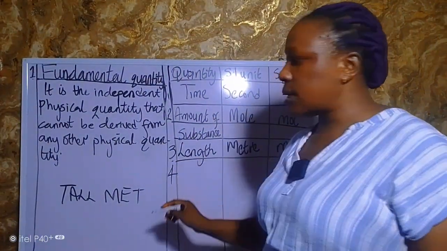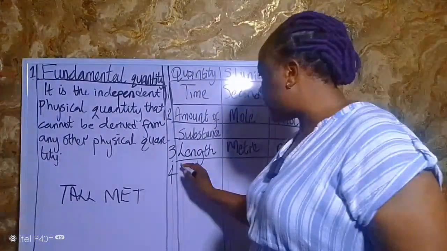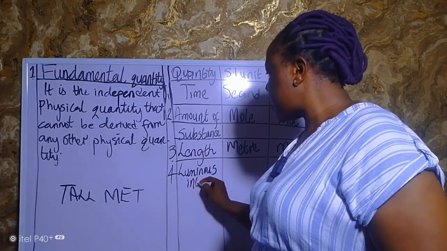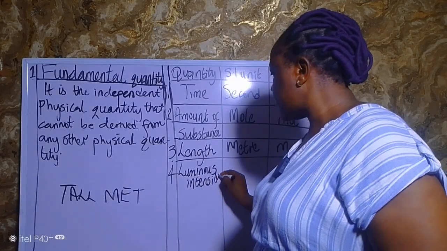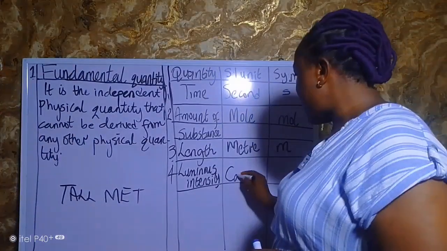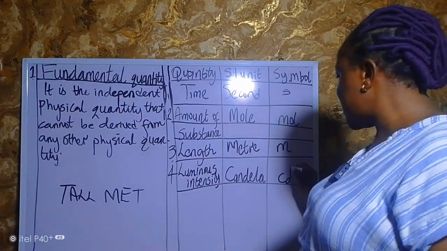Then the fourth one is the other L, which means luminous intensity. The unit assigned to luminous intensity is candela, which is our cd.